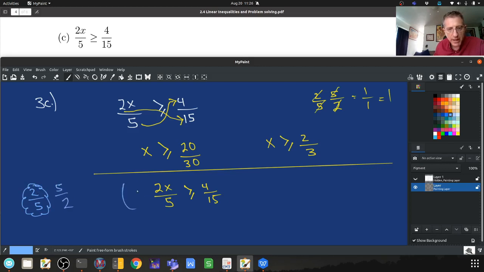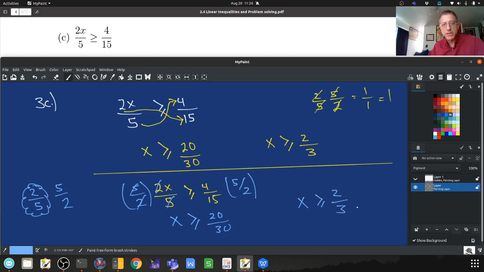So let's do that. 5 halves is clearly greater than 0. So the 5's cancel, the 2's cancel, so that just leaves me an x over here by itself. That's what I wanted. 4 times 5 is 20. 15 times 2 is 30. And guess what? I get the exact same answer as before. Two different ways to approach that problem.